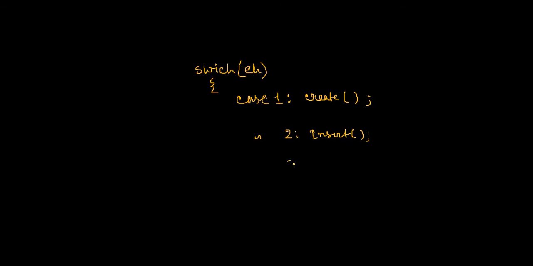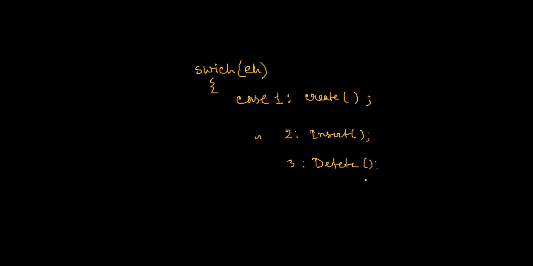We will have a switch case over here, say switch ch, and if it is case 1, then maybe we'll call the create function. I am writing in an abstract way. Maybe the code will be a little bit different, but the logic remains the same. If case 2, then maybe we'll call the insert function.